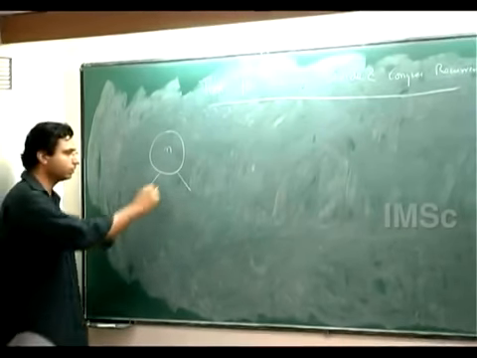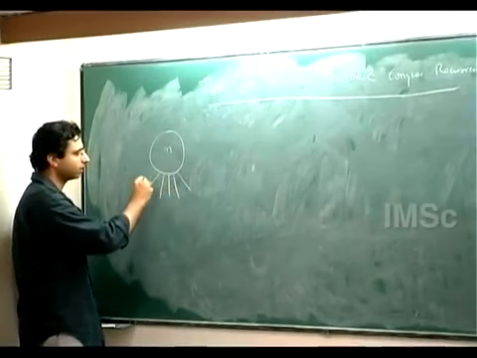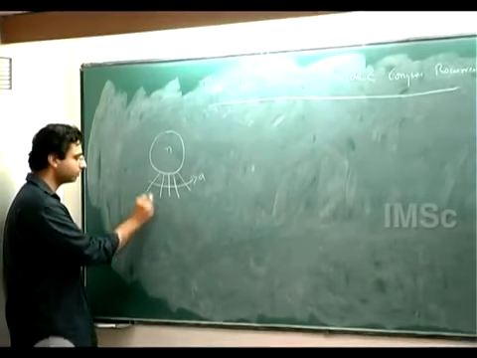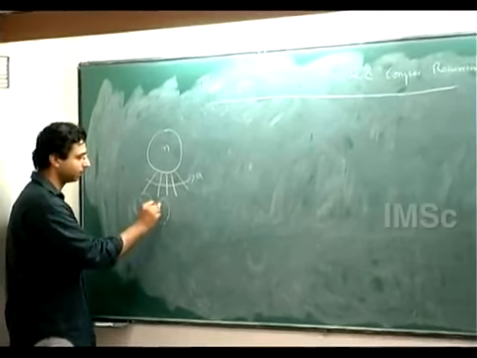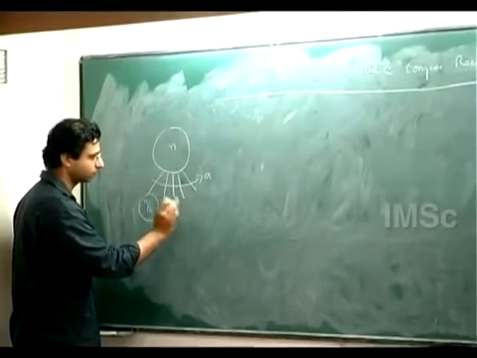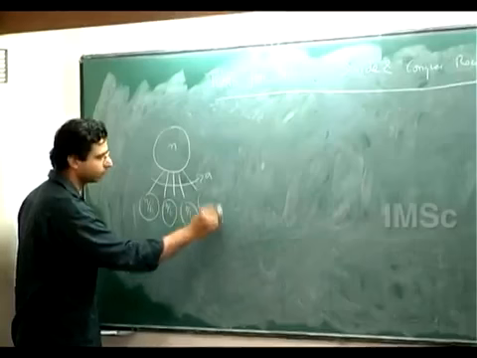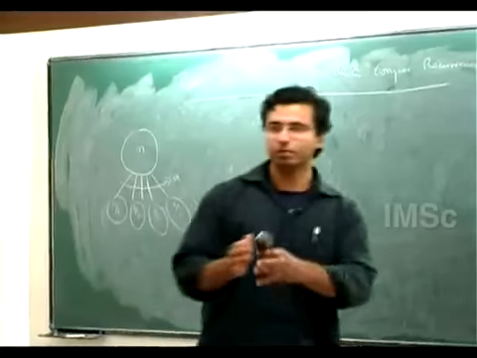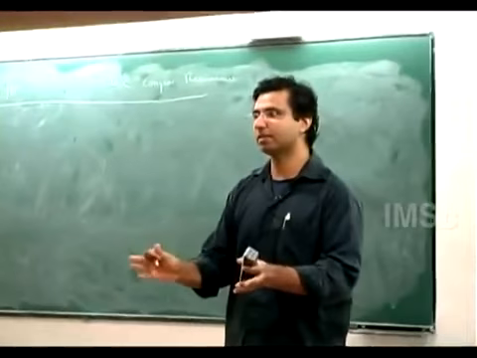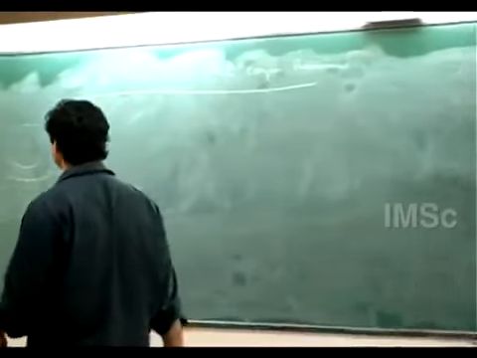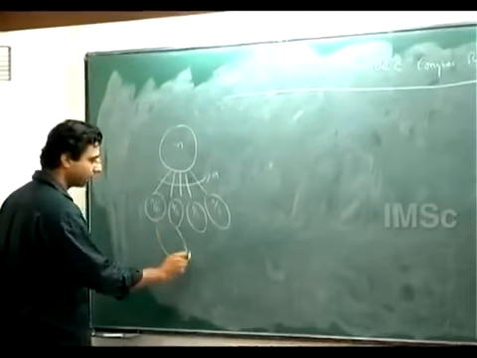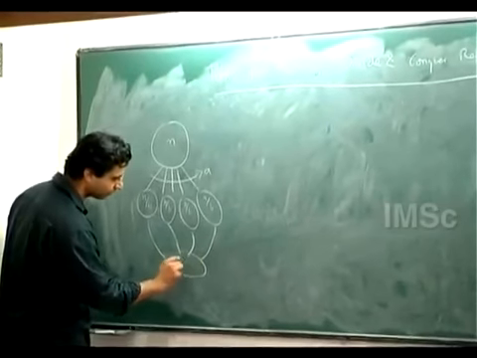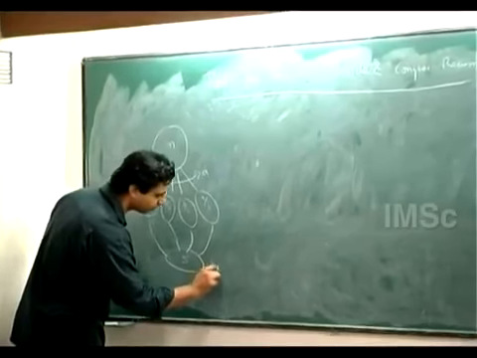But in general we split it into, say, A parts, each of size roughly n by b. We recursively solve these A parts, and we combine the solutions. This is the merge phase, to get the complete solution for the problem.